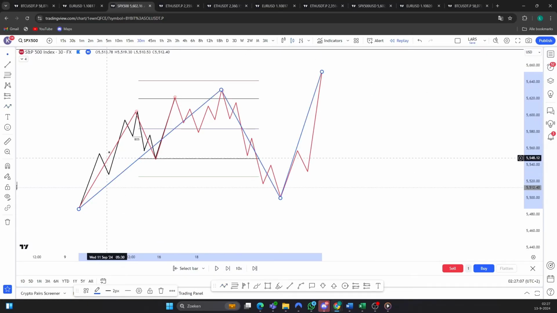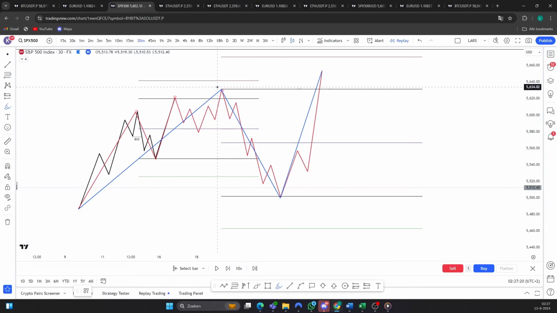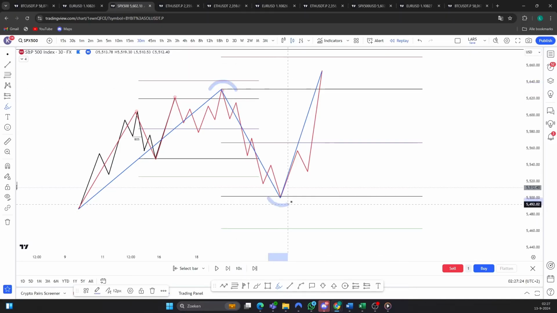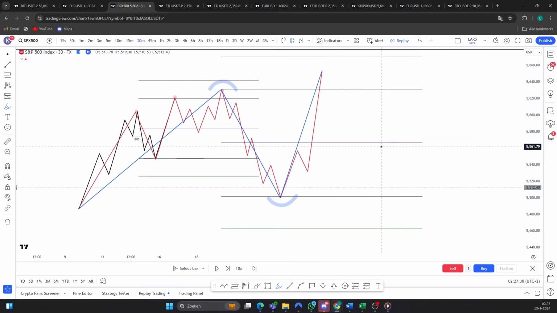The same way our black market structure break created our red market structure range, our red market structure range break created our blue market structure range, okay? Right here, this will be your range high, and then this will be your range low. And now we have a macro range, okay, that can have many rotations before potentially starting a TCT schematic.